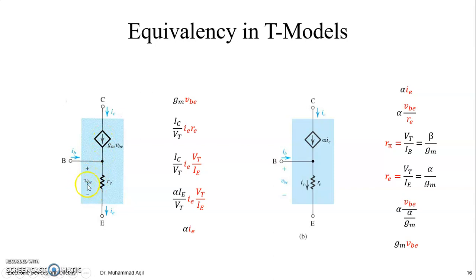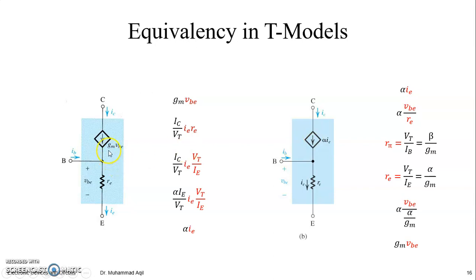Whatever voltage is here, multiplied by Gm, will be the current source at the collector, right? And this is nothing but iC, the AC current in the collector. And this AC current at the collector will be equal to beta IB or GMVBE or alpha IE, right? So T model and pi model are actually giving you twice.